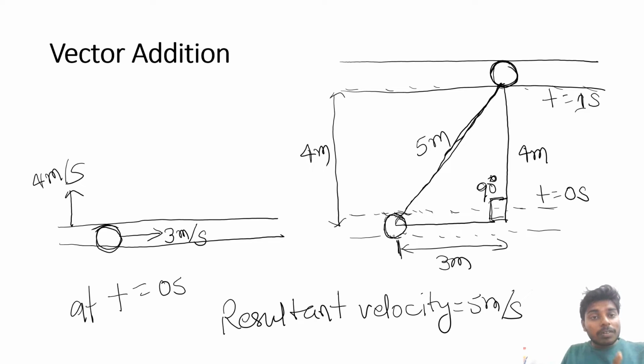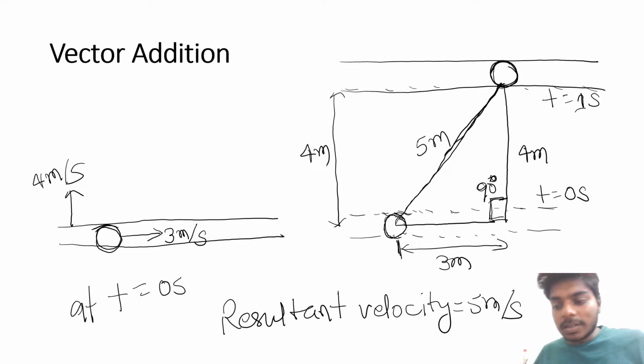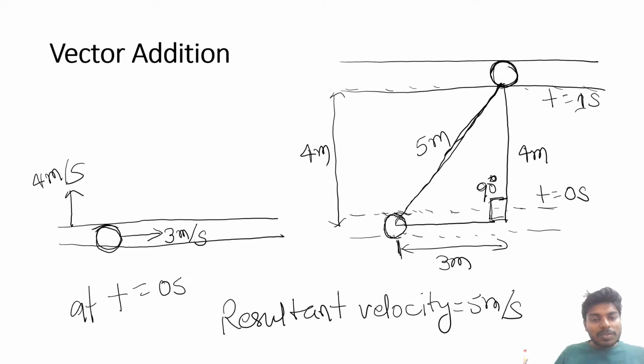Here, notice, you cannot directly add like in vector addition. Here I am not simply adding 3 and 4, because the direction is different, both are not the same thing. So we cannot directly add as we used to do in scalars. We cannot do that here, because if we do, it will be 7, but our resultant velocity, the position between the earlier and the right now position, is only 5 meters, covered in 1 second.